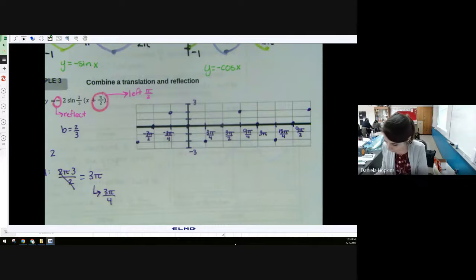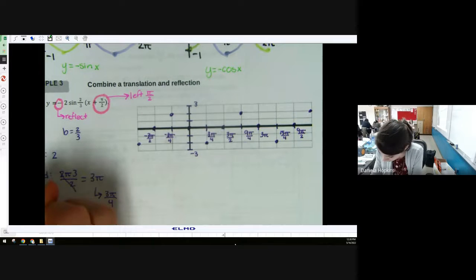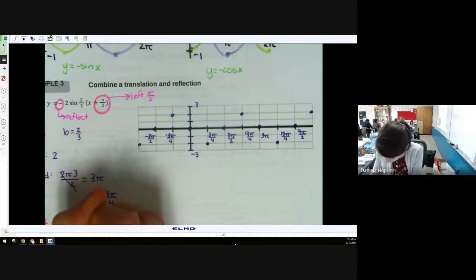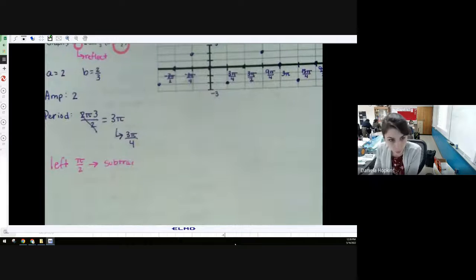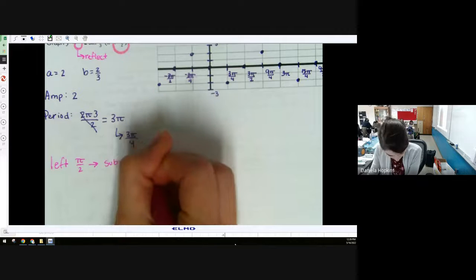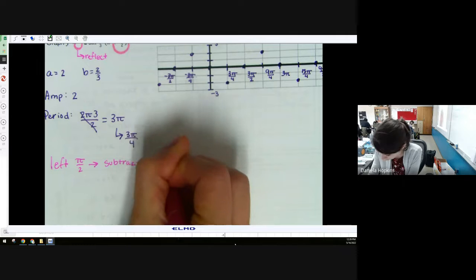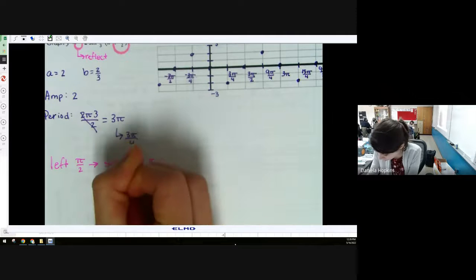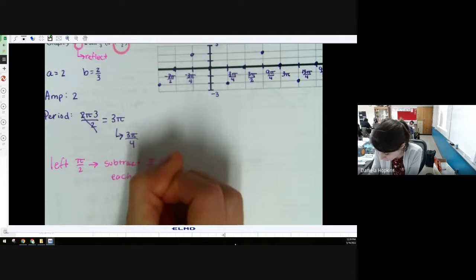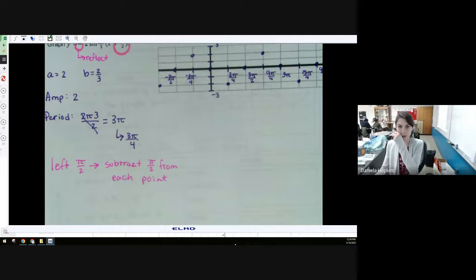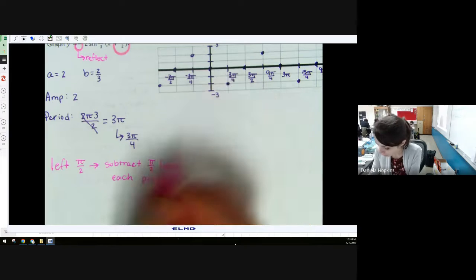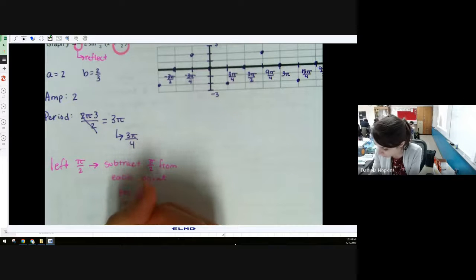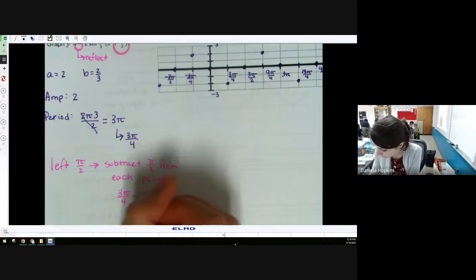Now, how do we deal with this left shift? So the mathematical way, if you're going left pi over 2, you're going to subtract pi over 2 from each point. When I was making this, I was like, okay, that's kind of tricky. What I think of instead is, if you started with this one here, just to see how you need to move each time, 3 pi over 4 minus pi over 2.